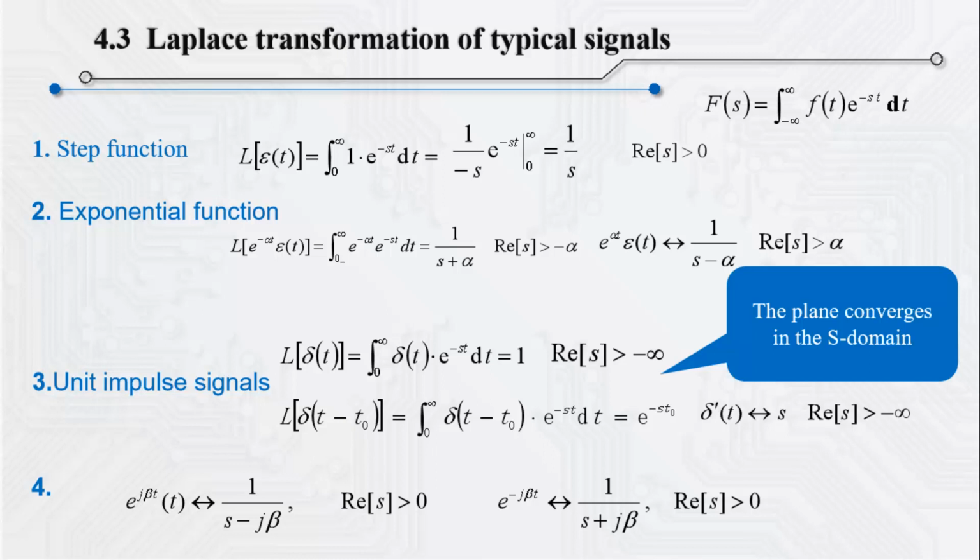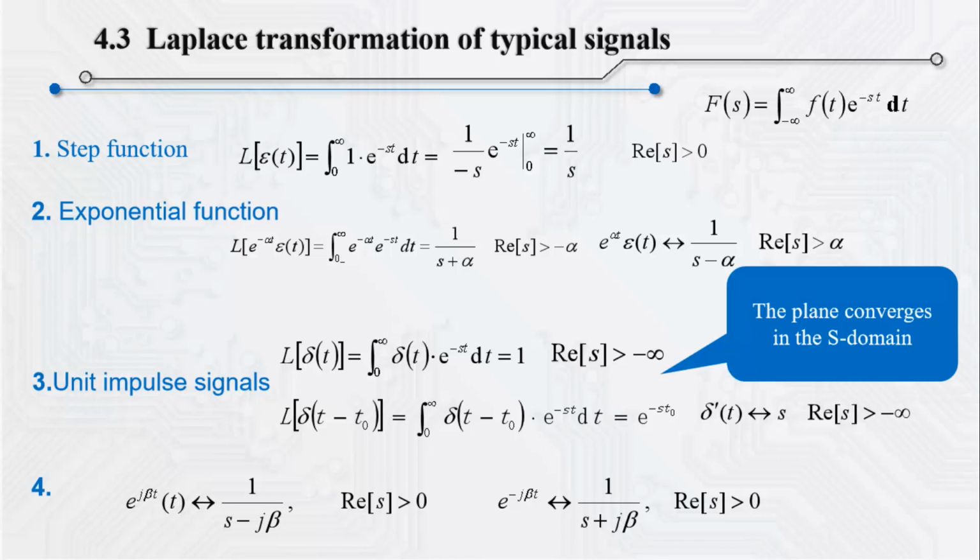Then look at the Laplace transformation of the unit impulse signal delta t. We know that the unit impulse signal delta t is infinity when t equals 0, and 0 when t is not equal to 0.